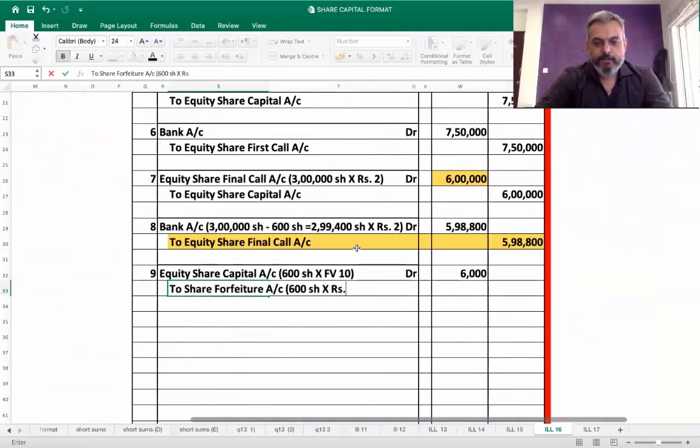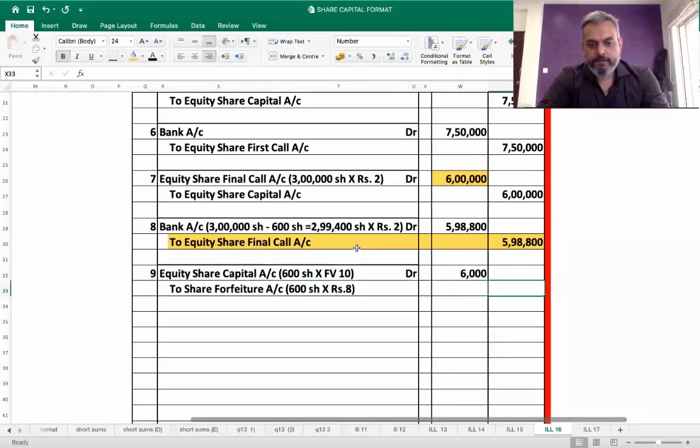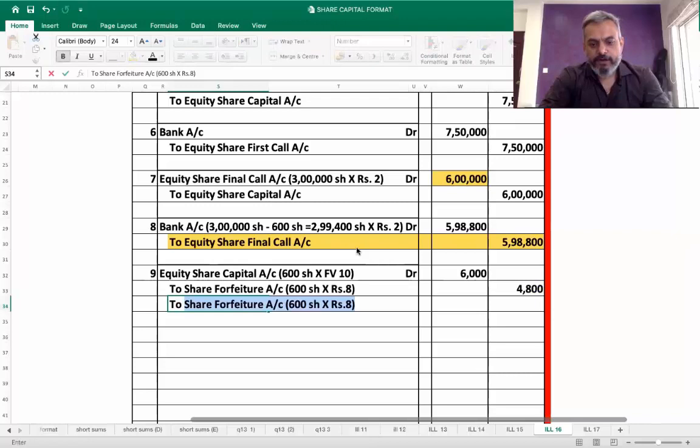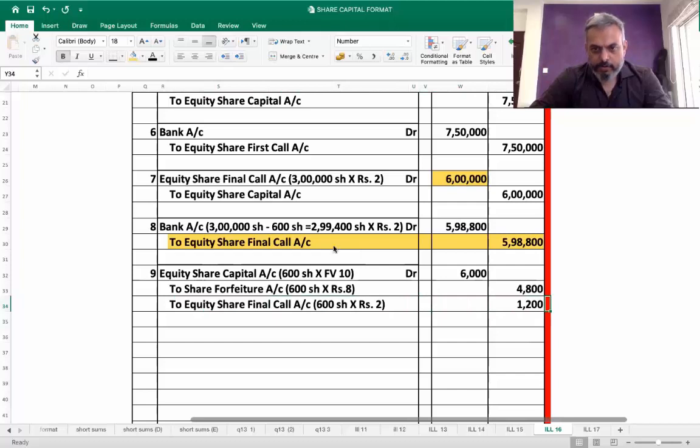So she has paid rupees 8 per share, 4,800. And to equity share final call account, which she did not pay, that is 600 shares into rupees 2 per share, 1,200. So the 1,200 debit balance we had here got credited. So your credit side is now 6 lakh and debit side is also 6 lakhs.